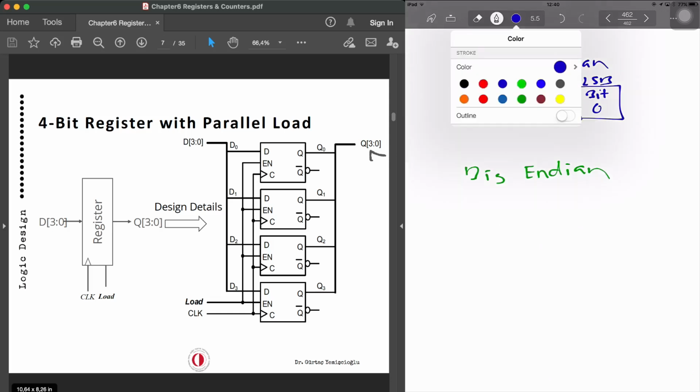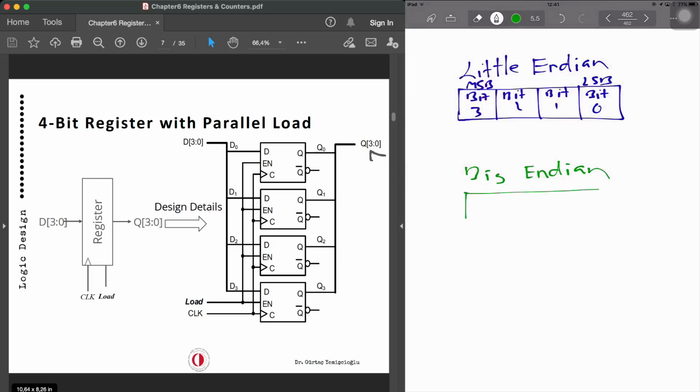In big endian, as it says, the big one is on the ending side. So that means it's on the right-hand side. So this is going to be LSB to MSB.